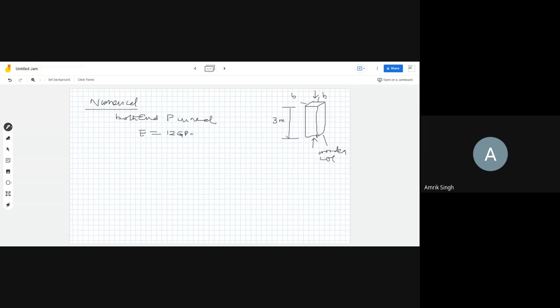Critical stress sigma C is given as 9 megapascal.